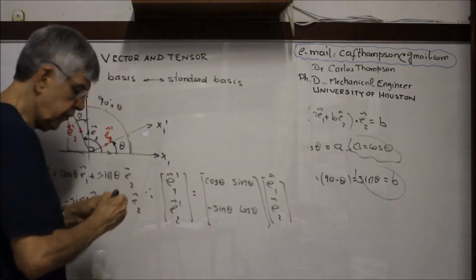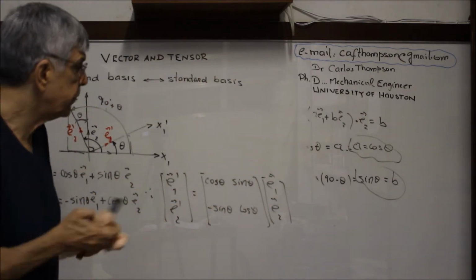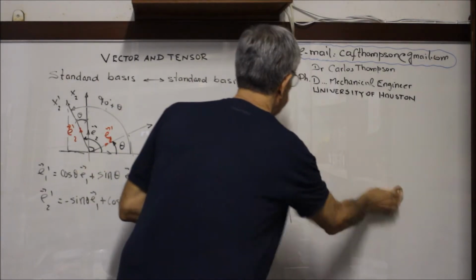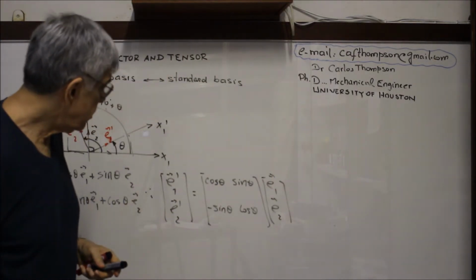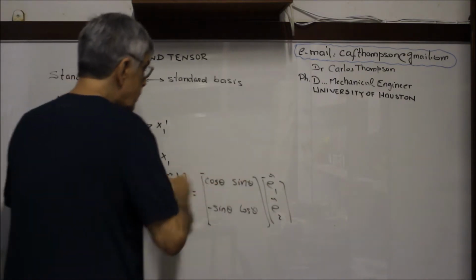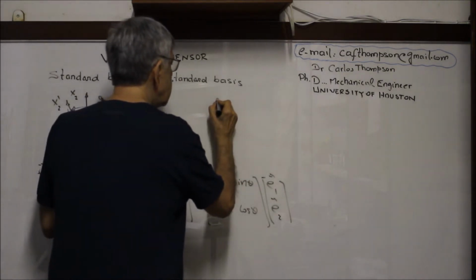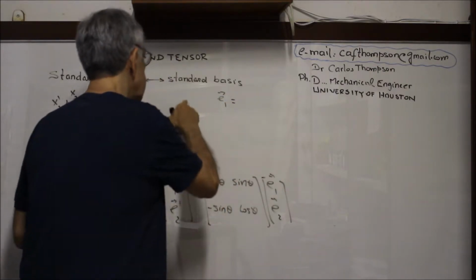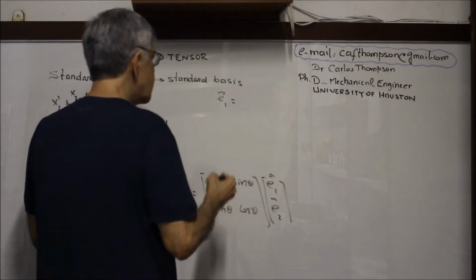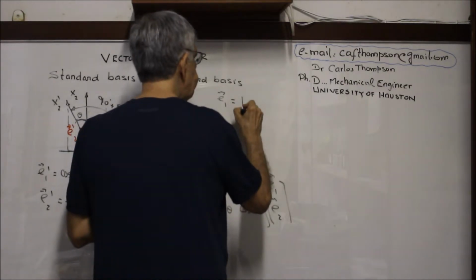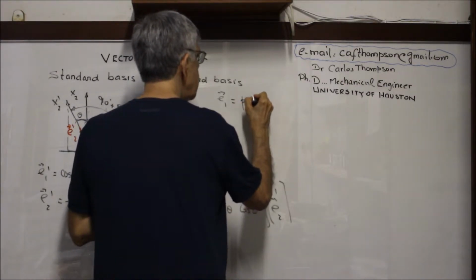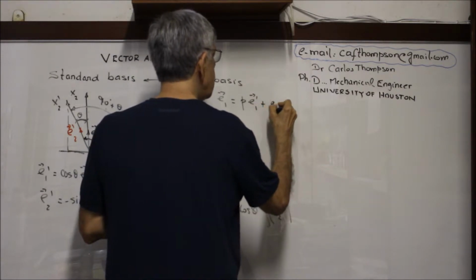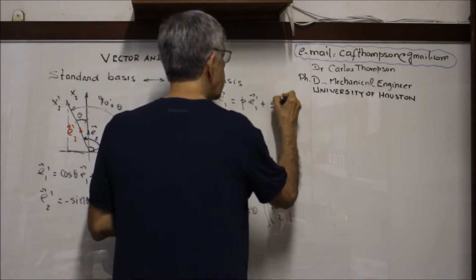But I will do it for you. Let's write down the opposite. E1 is a linear combination, let's call it P E1 prime plus Q E2 prime.